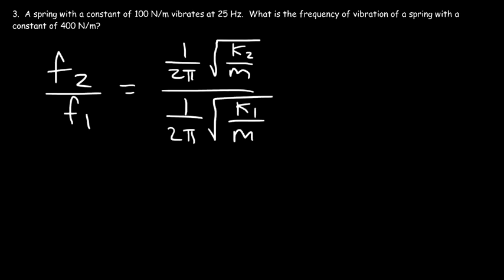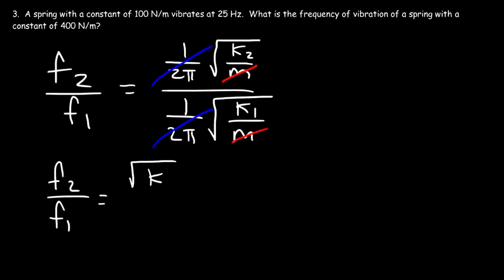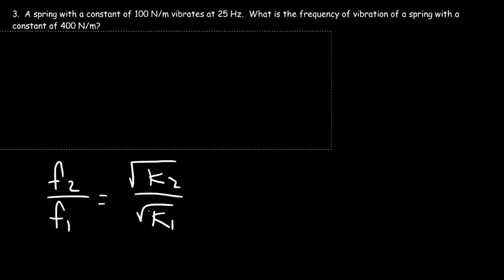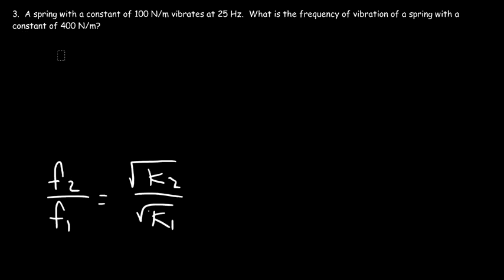Now, I didn't write a subscript for m because the mass doesn't change in this problem, so we could cancel it. And at the same time, we could cancel 1 over 2 pi. So thus we have this expression, f2 divided by f1 is equal to the square root of k2 divided by the square root of k1. Or we could just simply write it like this. f2 over f1 is simply the square root of k2 over k1, all within a single fraction.